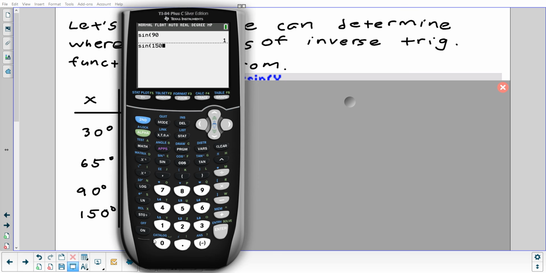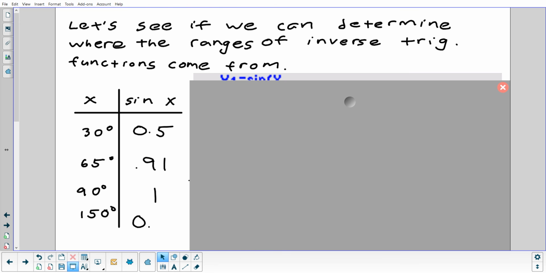Sine of 150 is 0.5. We've already answered this question, but I'm going to ask the same question again. If you take the inverse sine of 0.5, what are you going to get? 30. We said earlier we were going to get 30. Well, we can't all of a sudden get a different answer now.